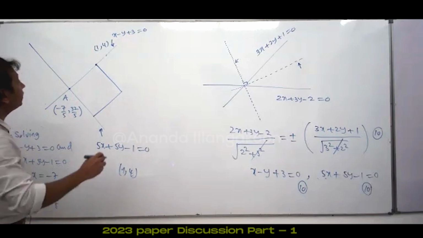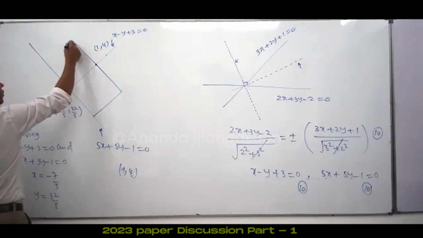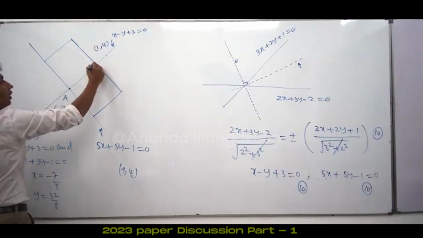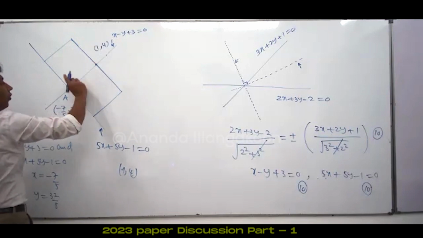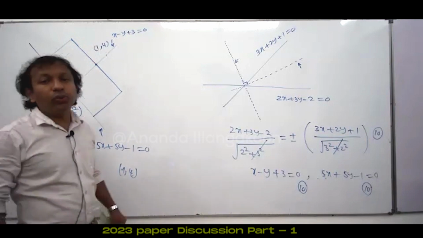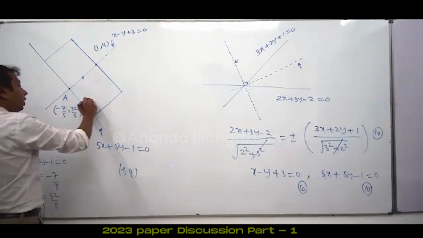And the other one is this way. Right. Correct? For this square, one vertex is 1, 4. One side is this, other side is this. Therefore, there are two squares. Right. These four sides are equal.